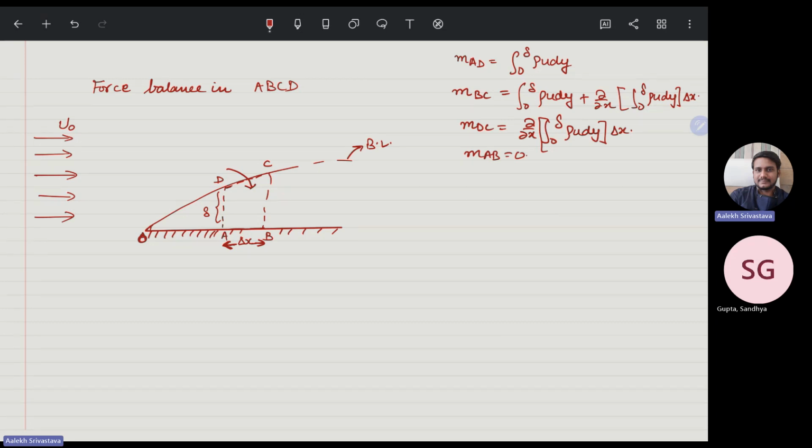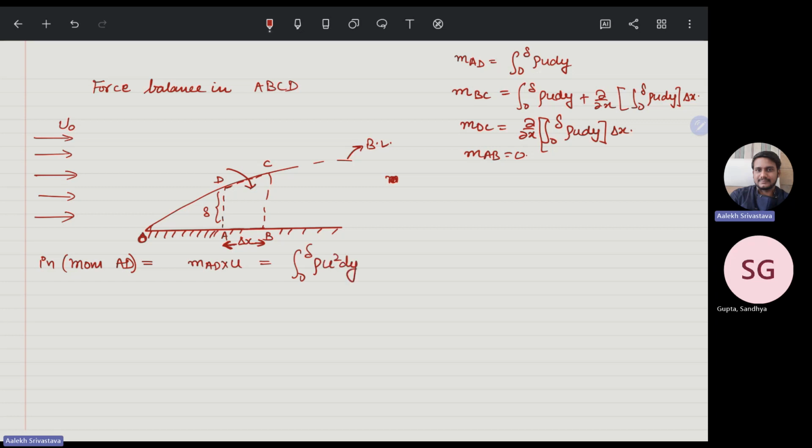Now applying the momentum conservation, what is the momentum that is coming in from AD? You know that is mass into velocity. So the mass of AD into velocity, that is u, will be the integral from 0 to δ of ρ u square dy.